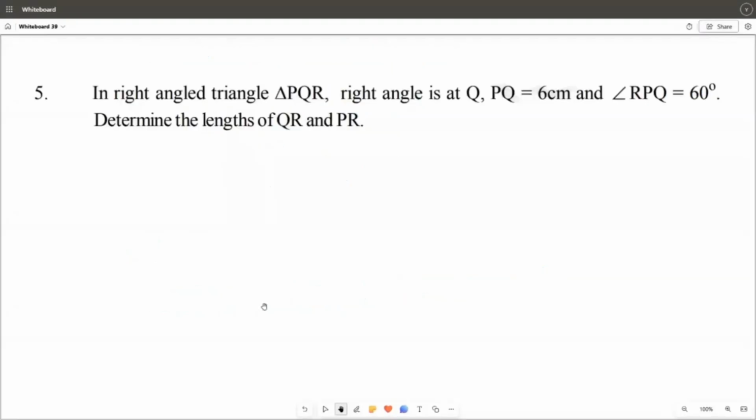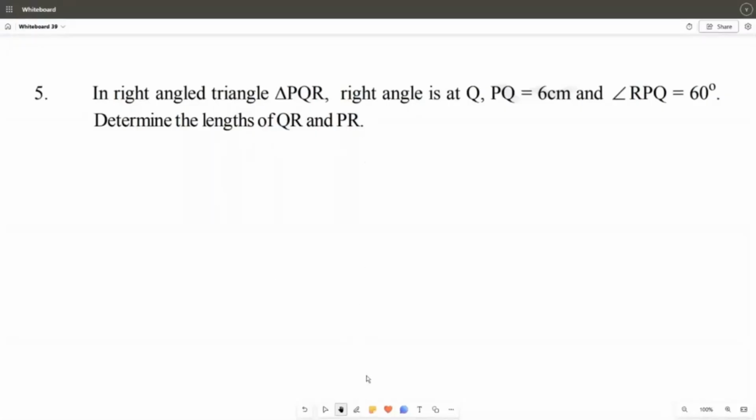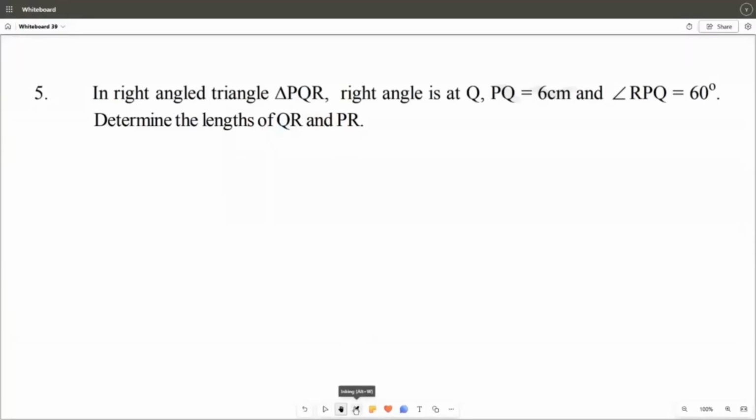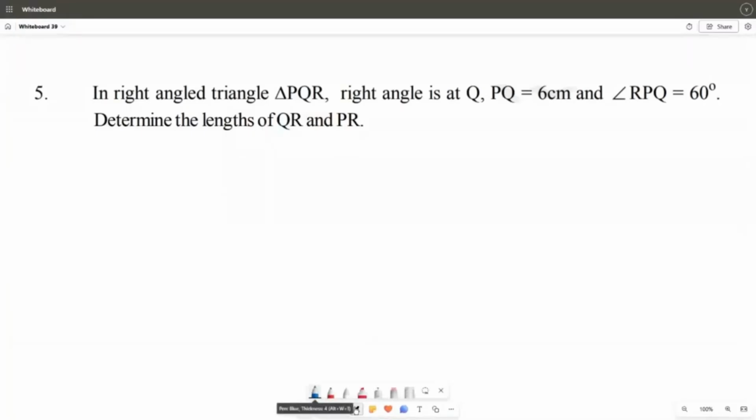Fifth question of exercise 11.2. It says in a right angle triangle, right angle at Q, PQ equal to 6 centimeters and angle P equal to 60 degrees, determine the lengths of QR and PR.